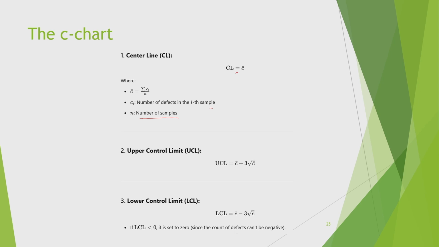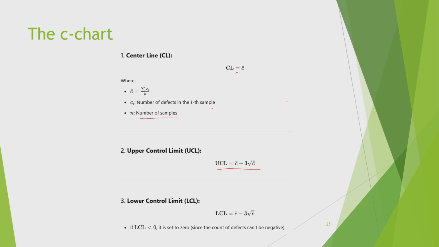This is the number of defects, not defective units. The upper control limit is UCL equal to C bar plus 3 under root C bar, and the lower control limit is LCL equal to C bar minus 3 under root C bar. If LCL is smaller than 0, it is set to 0 since the count of defects cannot be negative.